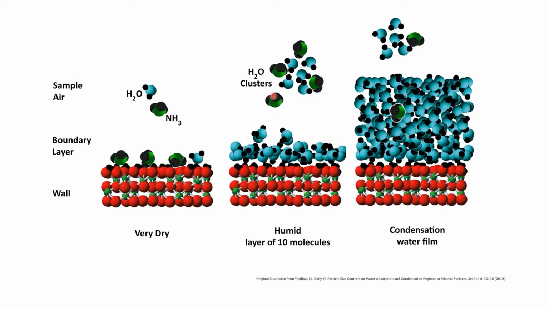So the stored ammonia molecules will be released back into the sample gas. And if you get condensation, please avoid that. Some of the ammonia molecules will be dissolved into this water film or the drops and will disappear.